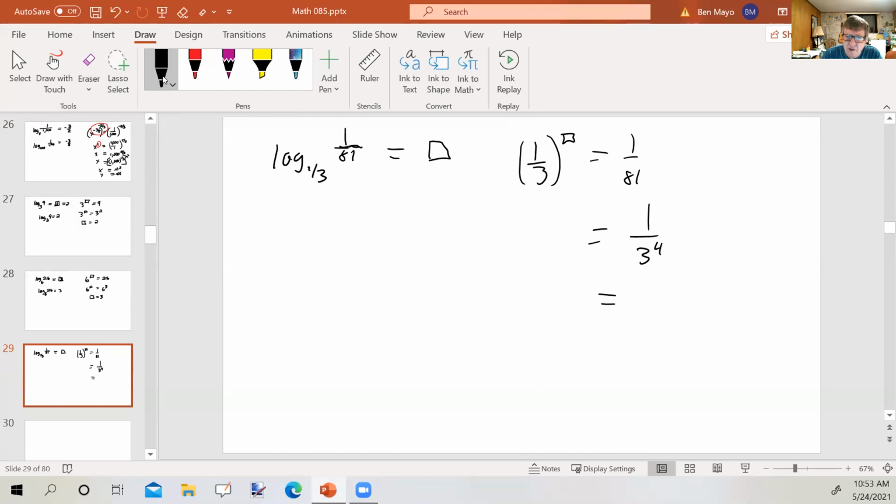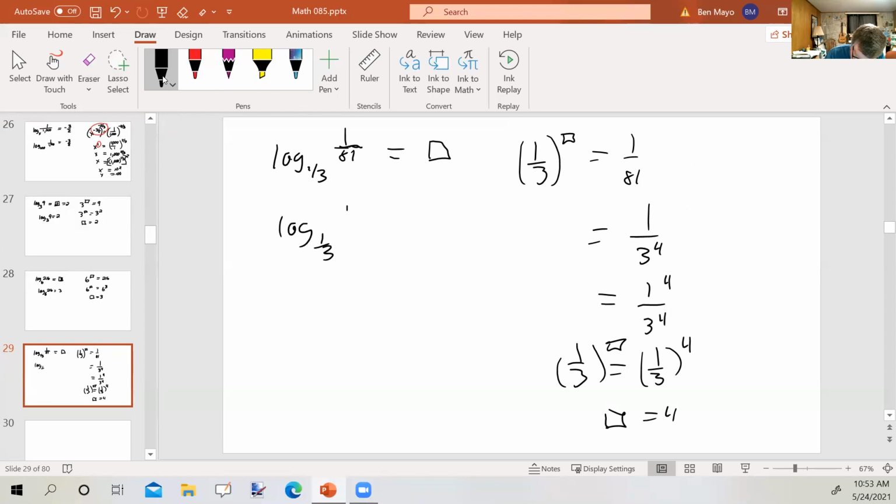And isn't 1 equal to 1 to the 4th power, because 1 times 1 times 1 times 1? So we could write this like that. So the box equals 4. Log base 1/3 of 1/81 equals 4 because 1/3 to the 4th power equals 1/81.